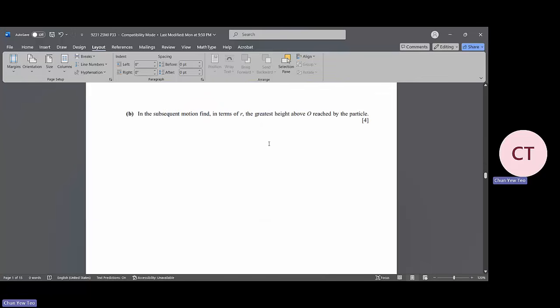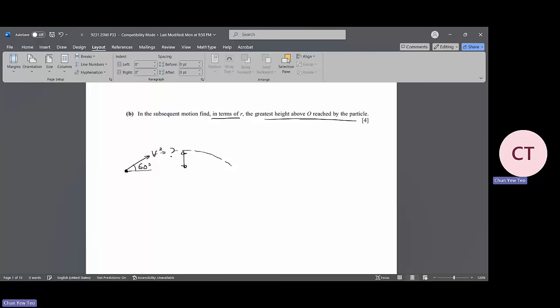Now move on. We have part B. Find the subsequent motion. In the subsequent motion, find in terms of R the greatest height above O reached by the particle. So when you reach over here, your V you do not know yet, and the angle over here must be 60 degrees. And you're moving in projectile motion.